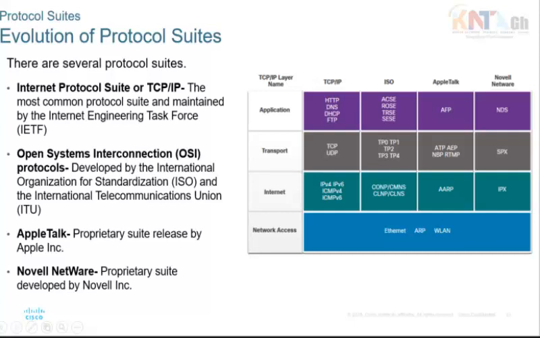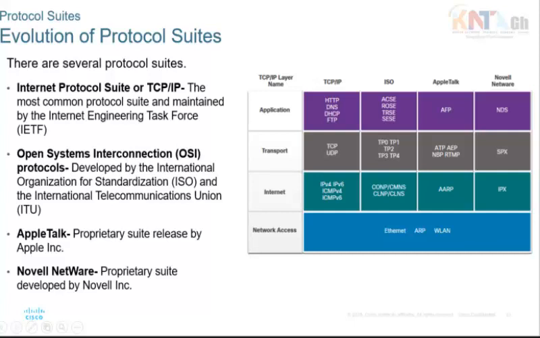And then you have different protocols at the same level. And then for the internet layer, you have IP version 4, IP version 6, and ICMP version 4 and version 6. And then the other protocol suites have theirs respectively.